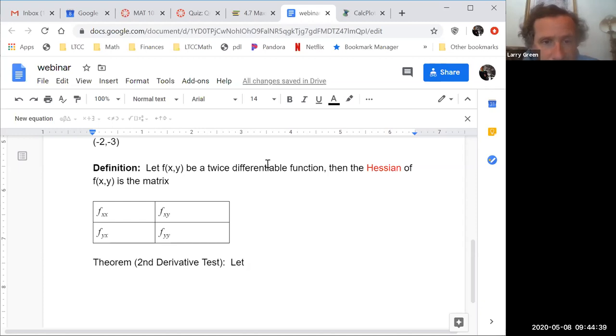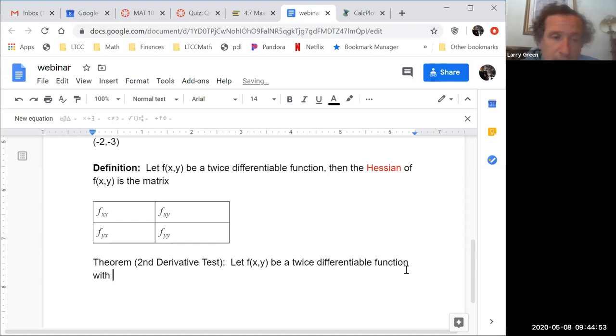Let f of x y be a twice differentiable function with gradient of f of a comma b equal to the zero vector.